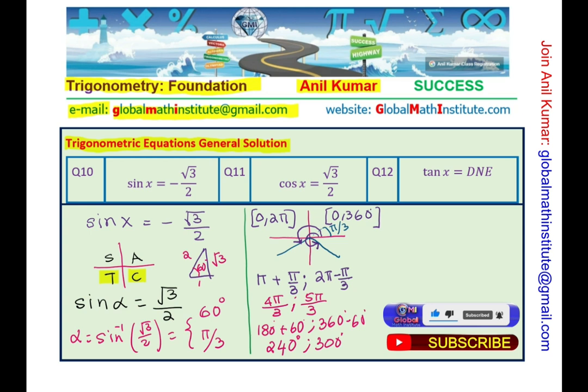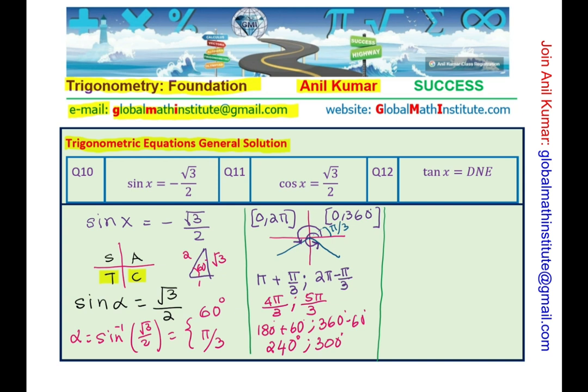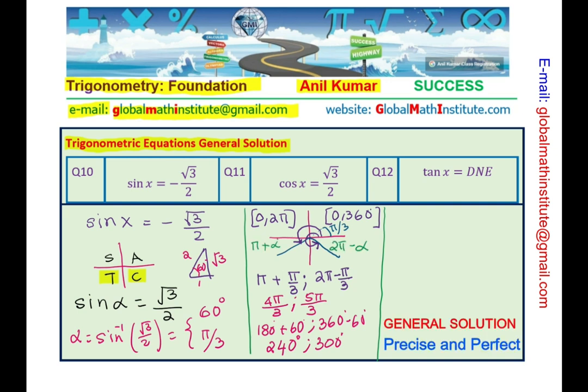So we found what set of values really work in a normal domain of one full circle, which is 0 to 360 degrees or 0 to 2 pi radians. Now you know the solution. Can you write down the general solution? Let's make an attempt to write the general solution now.